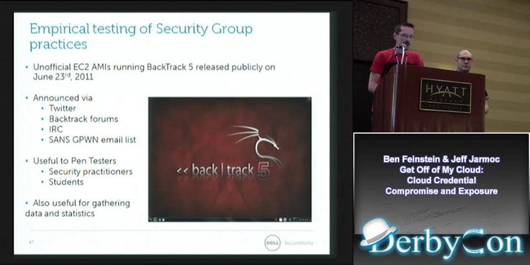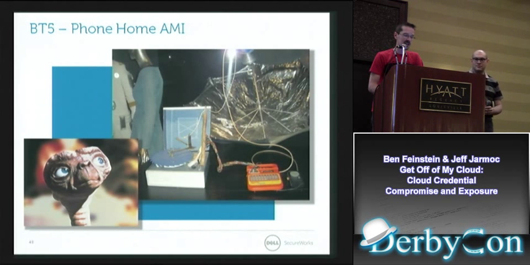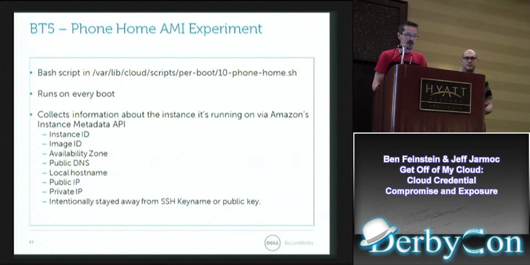And you might be wondering how we got those statistics, because generally you don't have any information that comes back to you when somebody launches your image. So this AMI had a phone home in it. Everybody who launched that instance ran a bash script in /var/lib/cloud/scripts/per-boot/phone-home.sh.